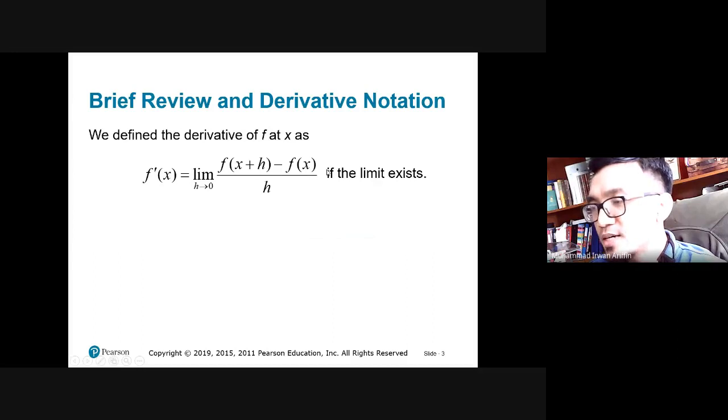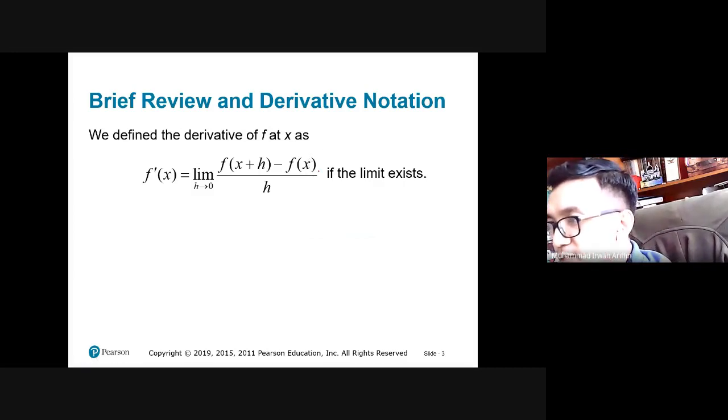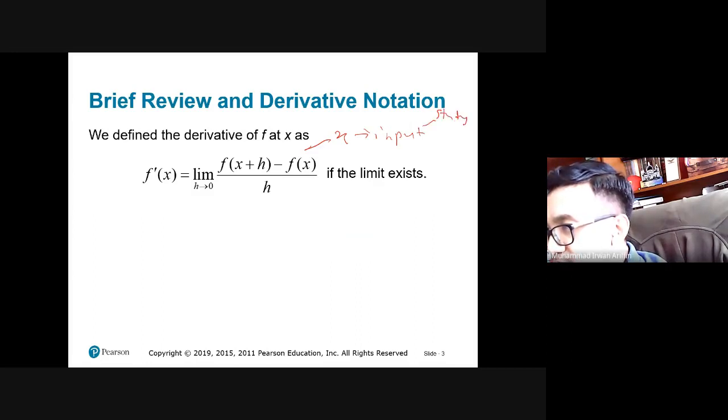To make it easy, you can use the example of your study hours and your performance result, your grade. If x is the input, you can think of x as, for example, study hours, or it can be number of workers.